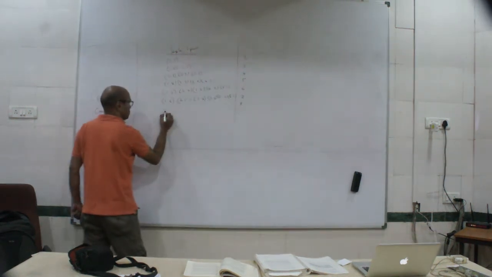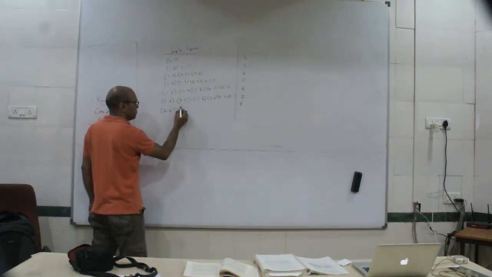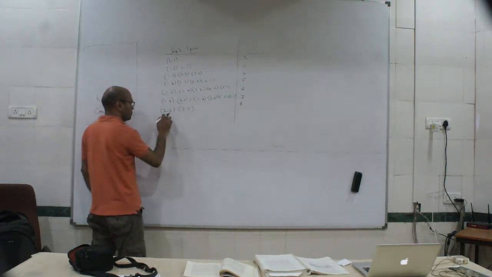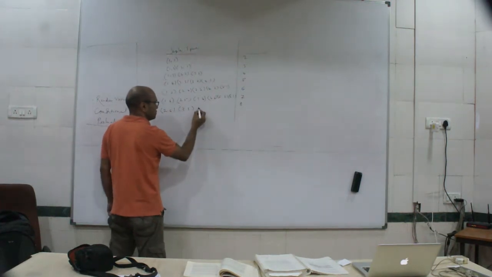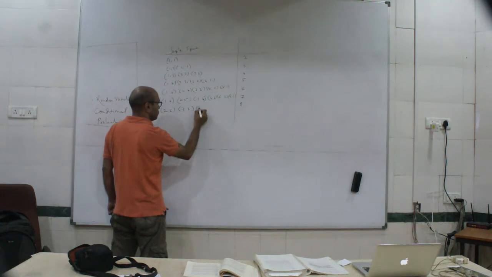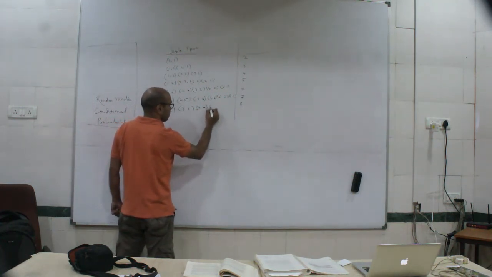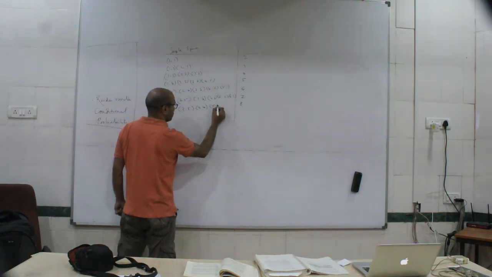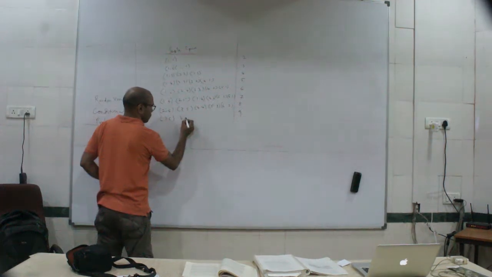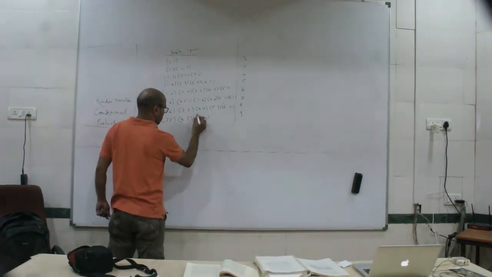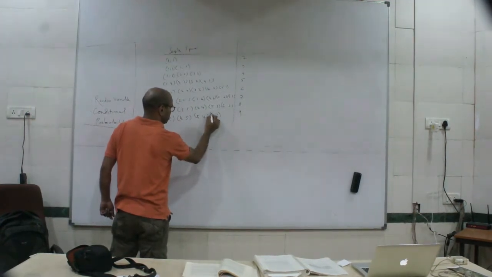For 8: 2, 6, 3, 5, 4, 4, 5, 3, and 6, 2, because 1, 6 won't give us 8. For 9: 3, 6, 4, 5, 5, 4, and 6, 3.